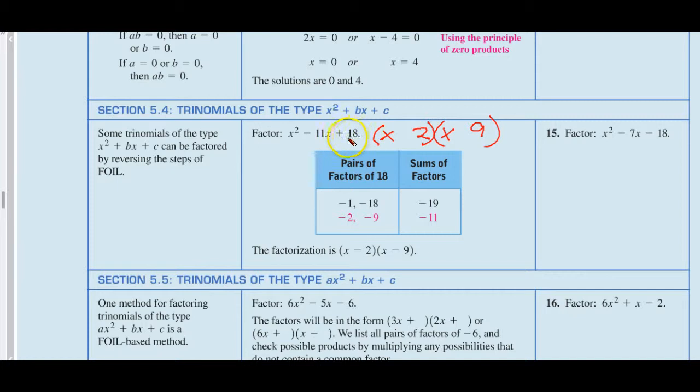The third term needs to be positive, so both of these will need to be negative. And when we FOIL, we get our middle term. Now, if this were an equation, we would just equal it to 0, and then equal each of these to 0, and here x would be 2, and here x would be 9. Here they're not asking us to do this, I just added that on.